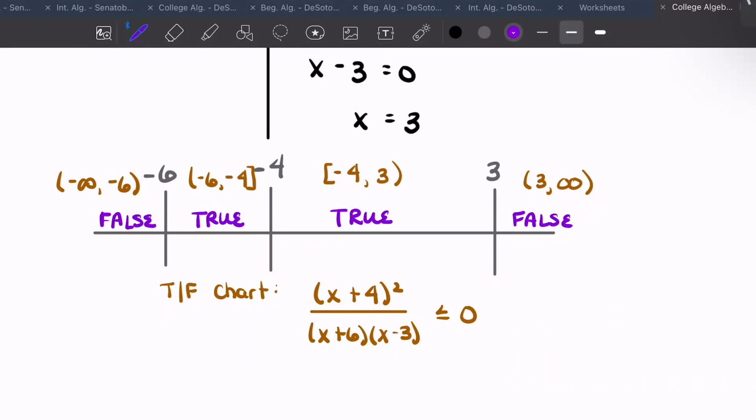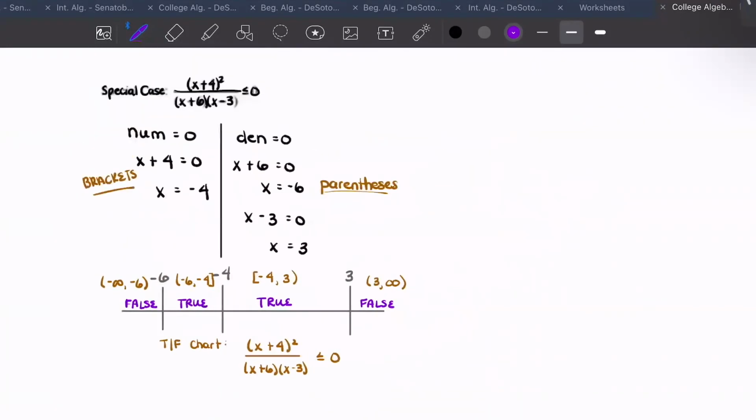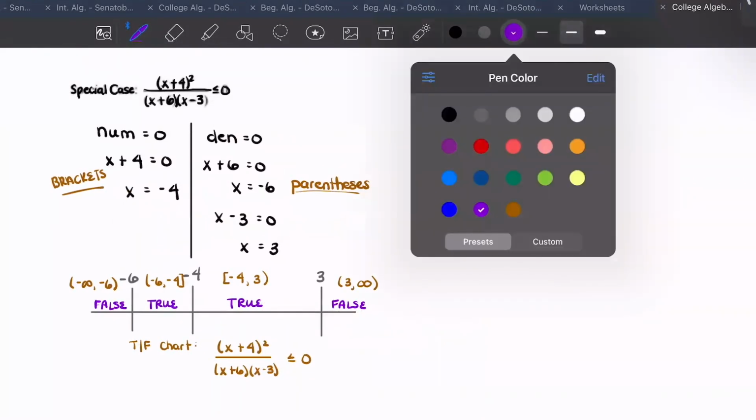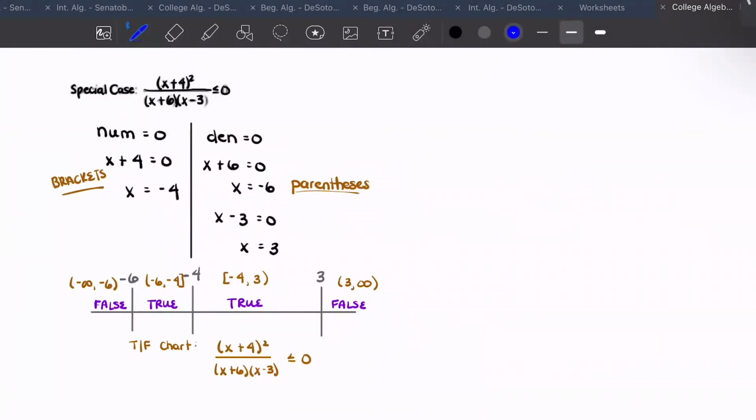Okay. Now, notice how I just said they alternate in most cases, but they're not going to alternate here. They didn't alternate because of multiplicity. Okay, let me pick a color. So -4 has multiplicity 2.